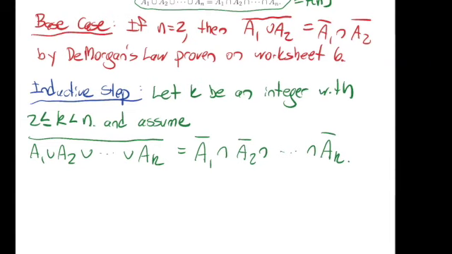So that would be our assumption. And what we want to show is that for dominoes further on down the line from k, this also holds.